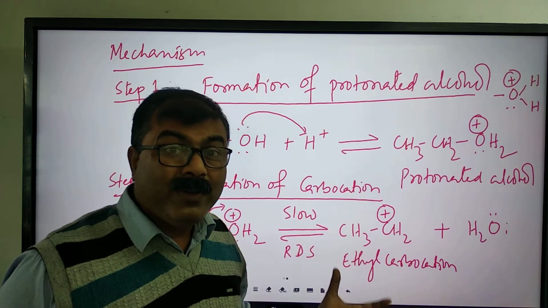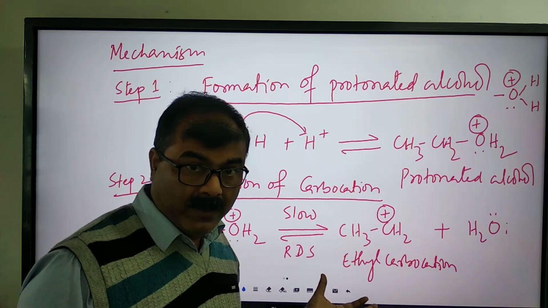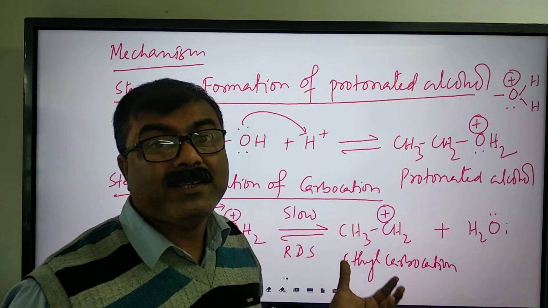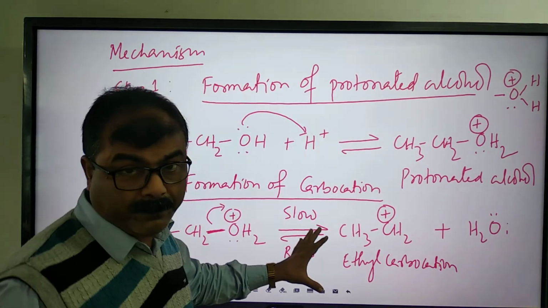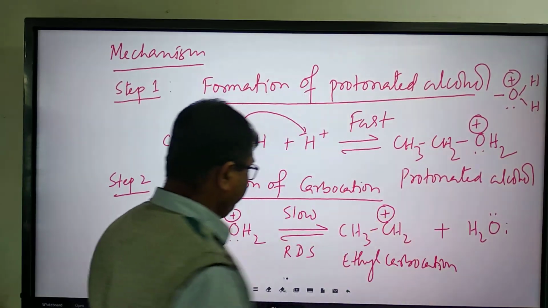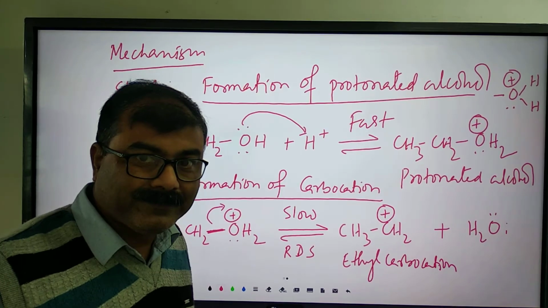This step determines how fast the reaction will take place. That is why it is called the rate determining step. And the other step is the fast step, this is the slow step. Till now it is clear.